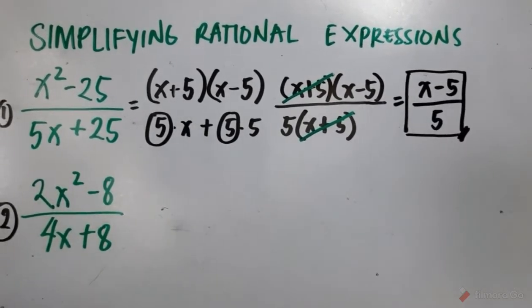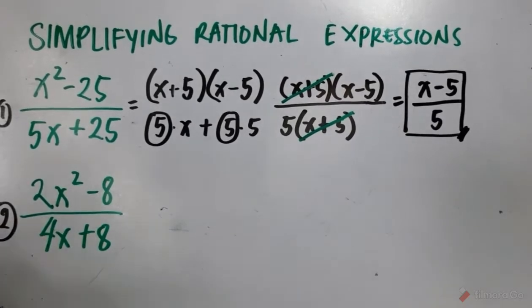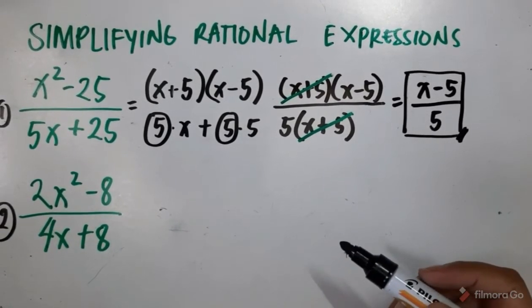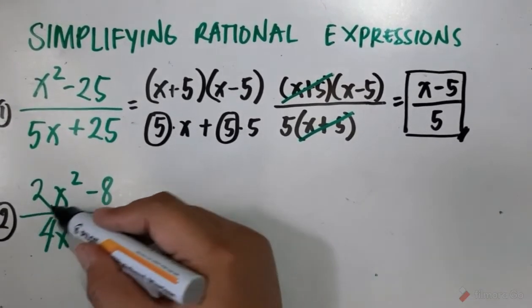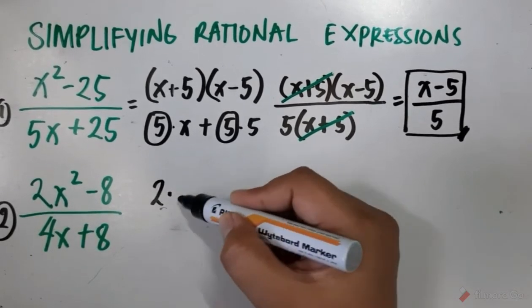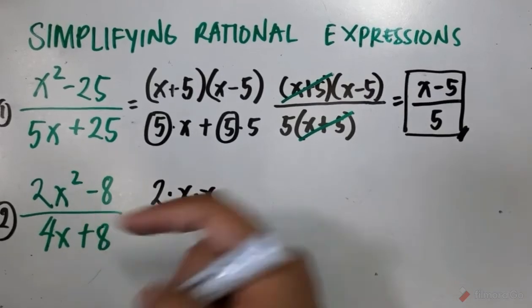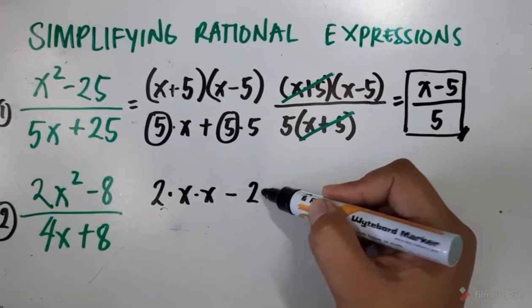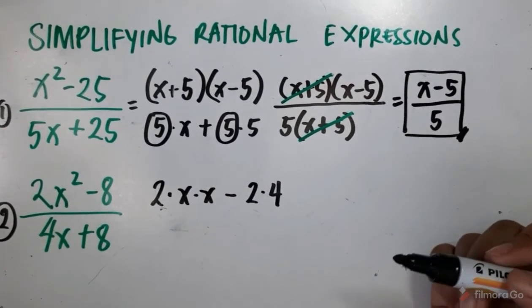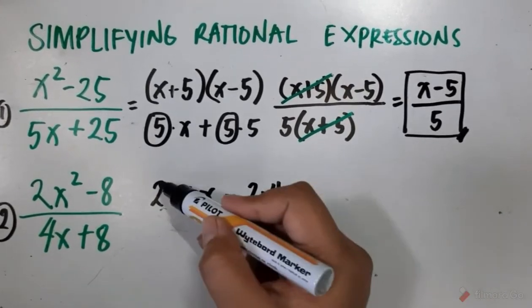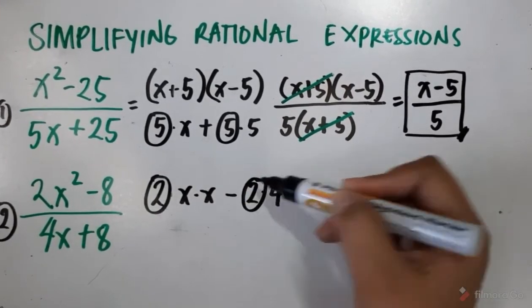Okay? For our next given, we have 2x squared minus 8. So, the factors of the first term are 2 times x for 2x squared. The factors of 8 are 2 times 4. So, the common factor of these two is 2.